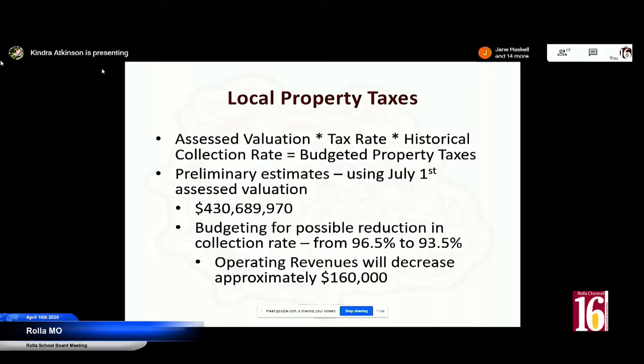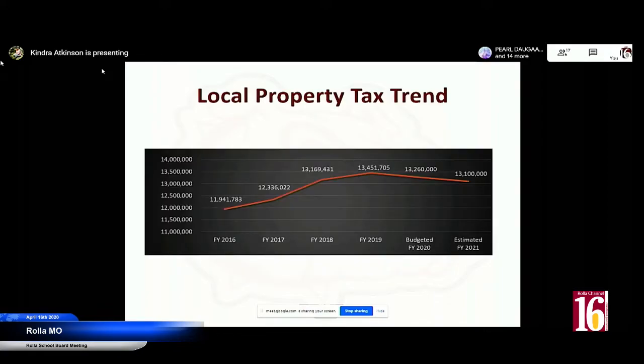So I went back to the 2008 economic crisis and saw that our average collection rate during those few years was between 93 and 94%. I've updated our projections for next year to 93.5% collections. When I do that, we'll see an operating revenue decrease of about $160,000. Here you can see the local property tax trend over the last several years.